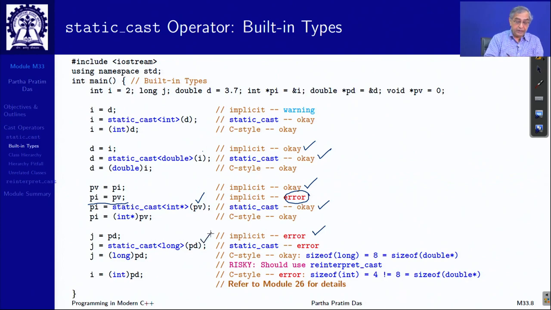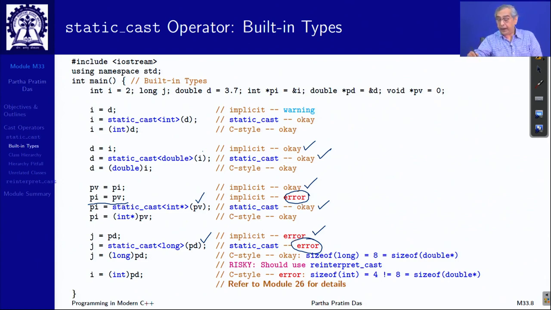If you try to do it using static cast, also you will get an error, because static cast does not have a semantics to convert a pointer to a long. Converting a pointer to a long is just a bit level reinterpretation. It is not a type level conversion, because these two types are in no way related. So, even with a static cast, this is not permitted.